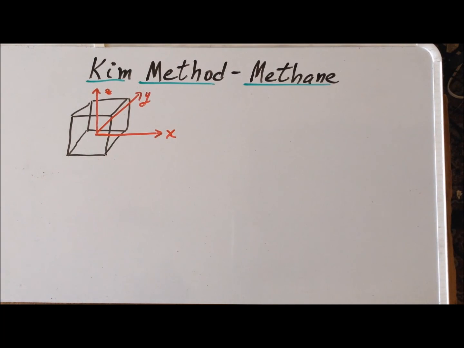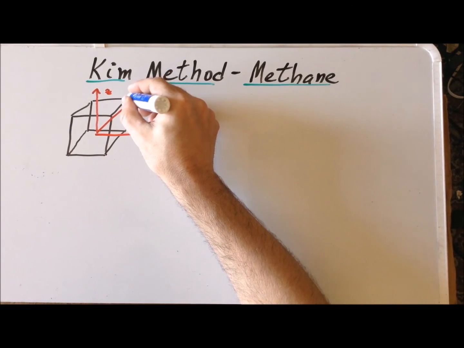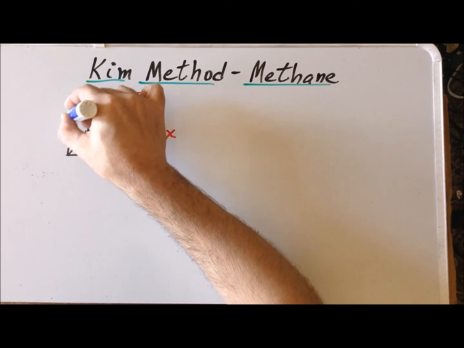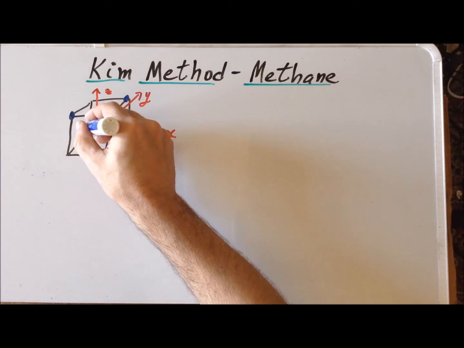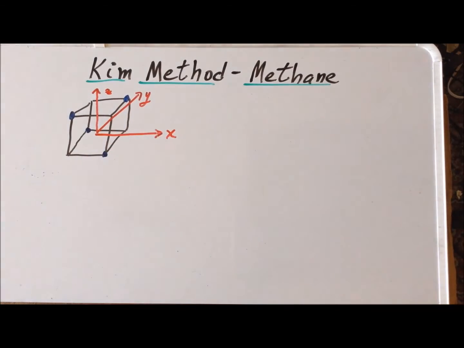We can conveniently inscribe a tetrahedron, such as methane, by putting two of the hydrogen atoms at the opposite corners of the top face of the cube, and the other two hydrogens will be on the opposite corners of the bottom face. And we imagine at the origin, at the very center of the cube, is the carbon atom.